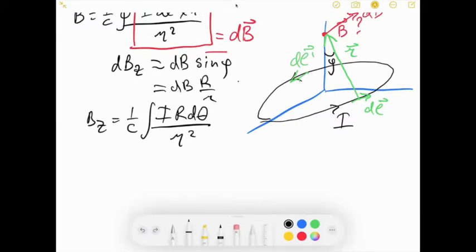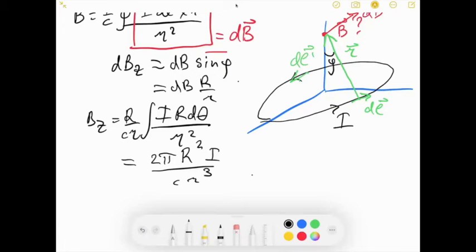Hang on a second. I've got to throw out these two things. Yes. So we get r over cr. Okay. And then we're still integrating over theta. So we get a 2 pi big R squared times I over CR cubed.